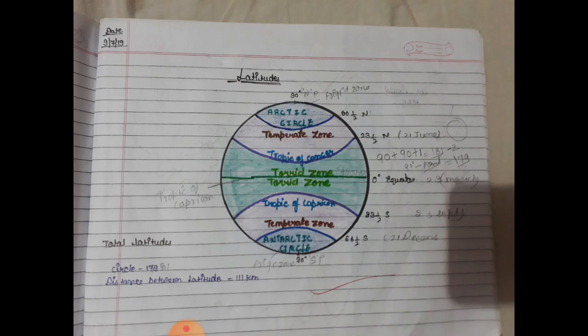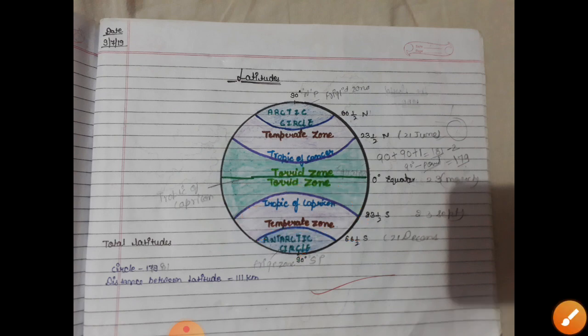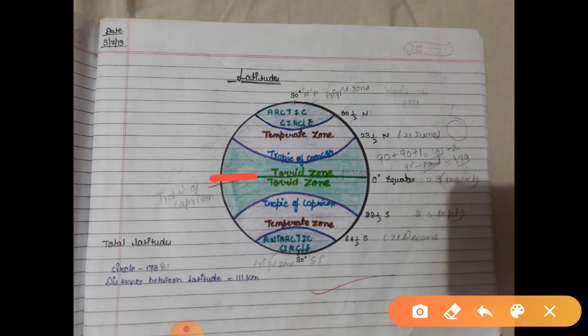In the south, we have at 23.5 degree the Tropic of Capricorn, then the Antarctic Circle, and this is 90 degree south. As I told you, this is 0 degree, this is 90 degree, this is 90 degree, and these are the lines.